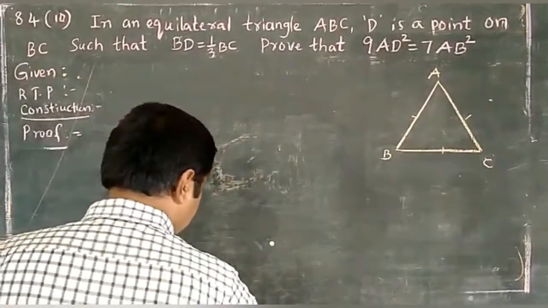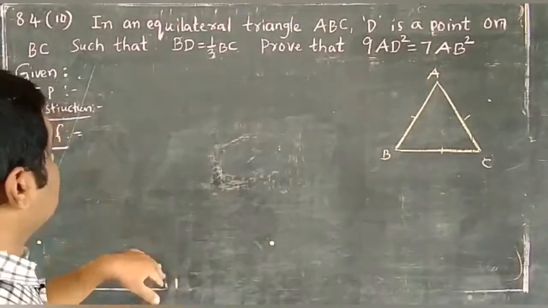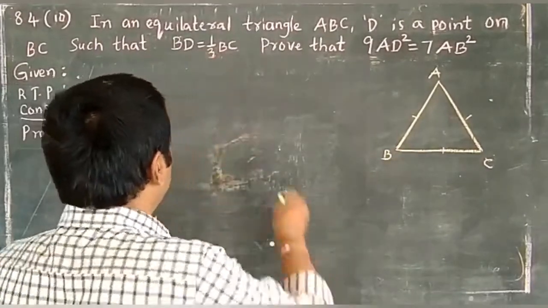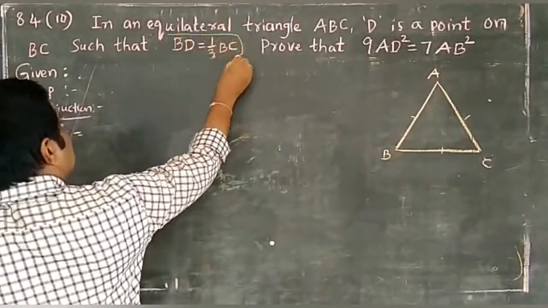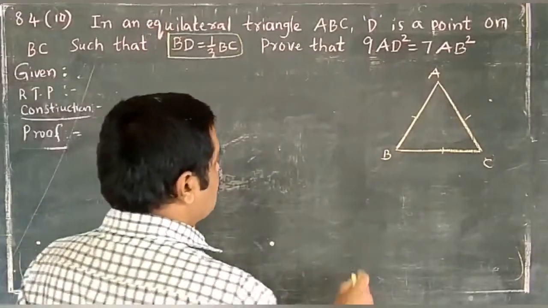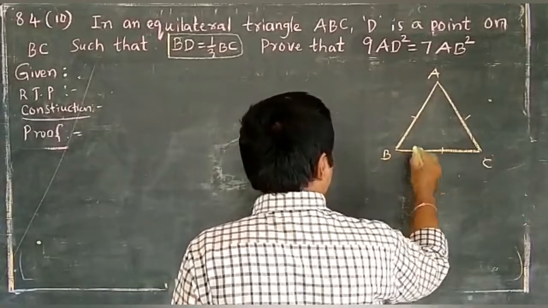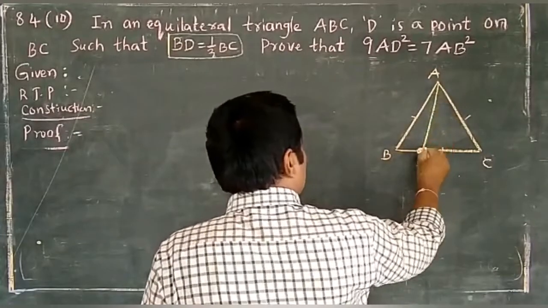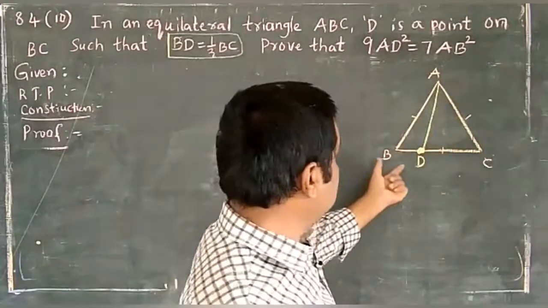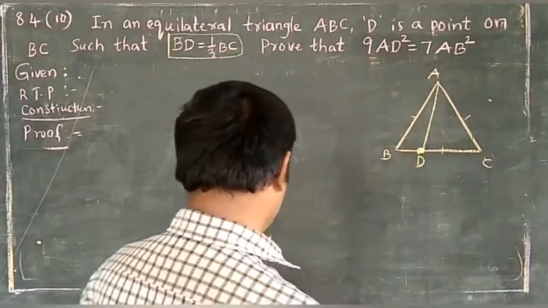We have to mark a point on BC such that BD is equal to 1 by 3 BC. That's why, for example, I am marking it here. This is the point D. The given clue is BD is equal to 1 by 3 of BC.